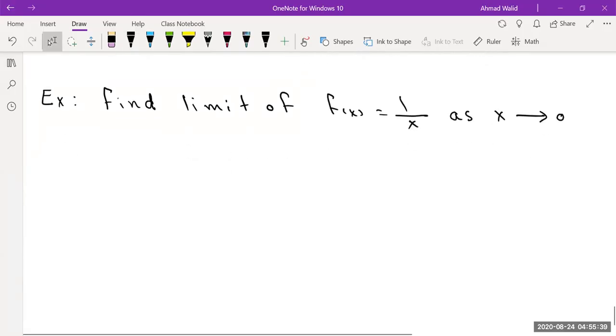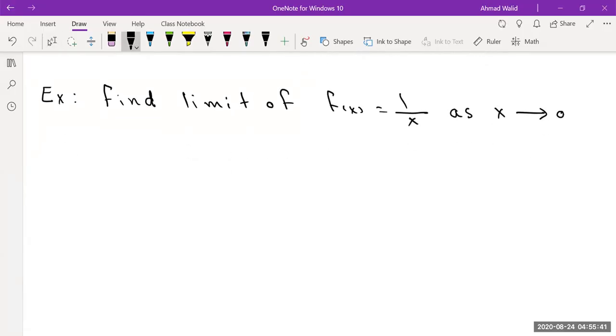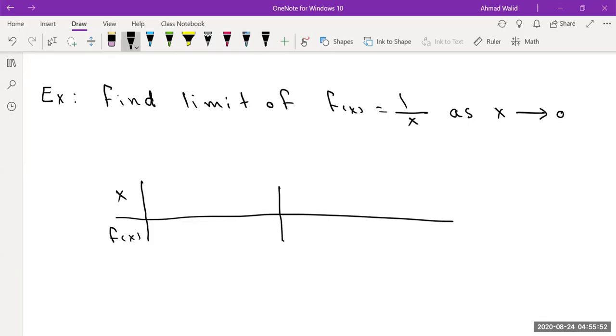Guessing method or estimation method, you have to draw a table here. Here x, here f of x. This number goes in the middle, 0. For example, 3 values from the right, 3 values from the left.